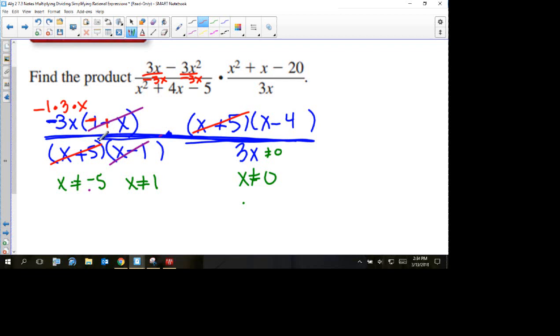This is a very good question. It's negative 1 times 3 times that. So I can cancel out the 3 and the x with the 3 and the x, but there still has to be a negative 1. Let's see what we have left over here. We have a negative 1, and we have an x minus 4 left over.